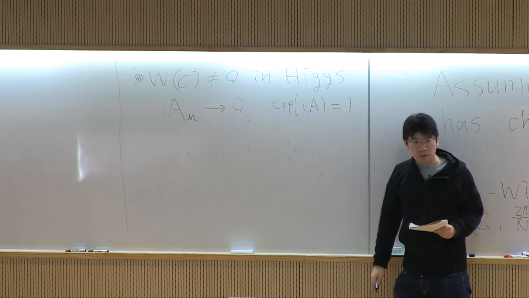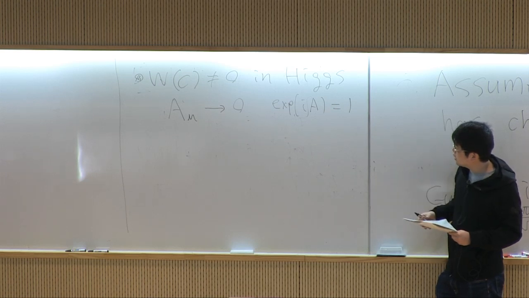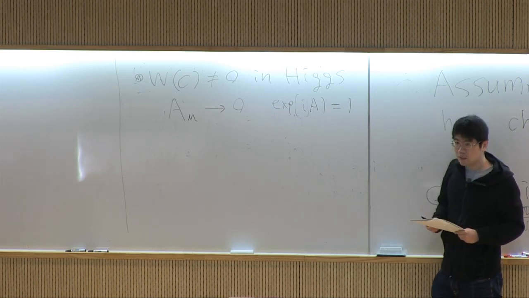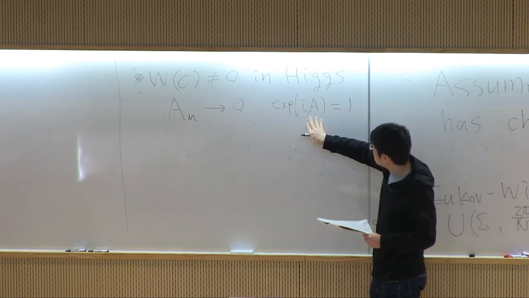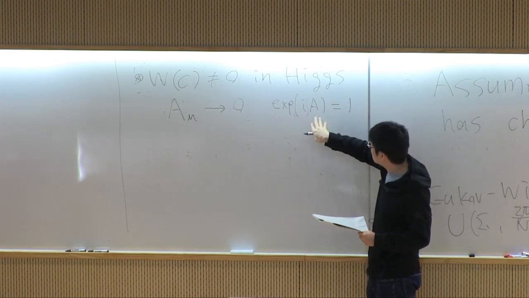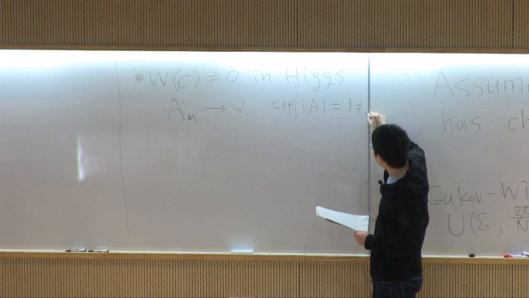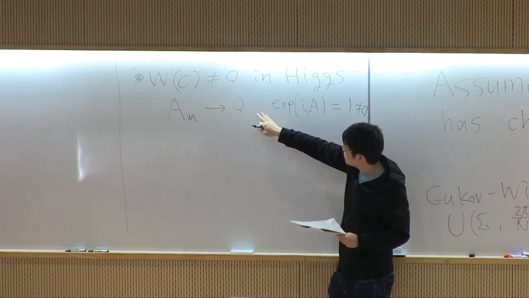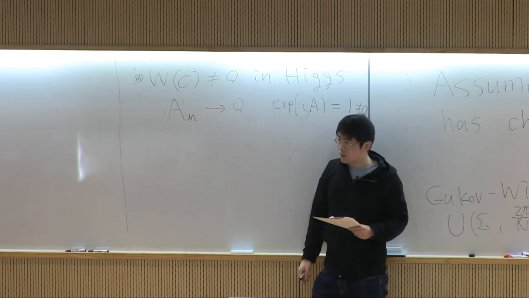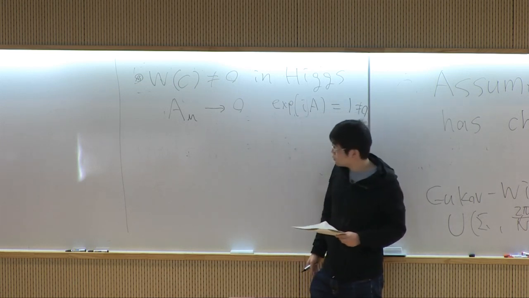There are quantum corrections, but they are cancelled by some operator renormalization. So basically, the exponential of the integral of A is just equal to 1, which is non-zero. By this reason, the Wilson loop has a vev, and the electric symmetry is broken.